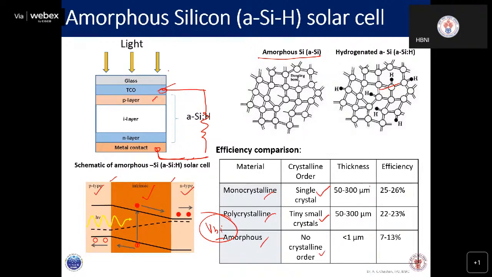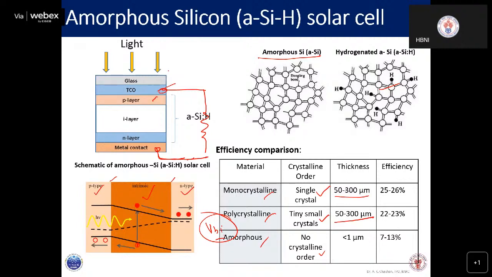The thickness of the active layer of a monocrystalline solar cell is about 50 to 300 micron, and the same is the thickness for polycrystalline silicon solar cells also. However, for amorphous silicon, the thickness is less than 1 micron.